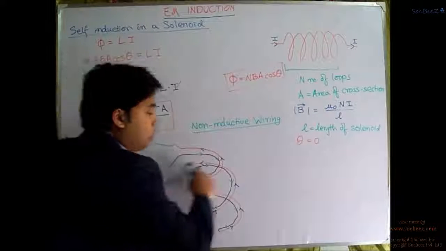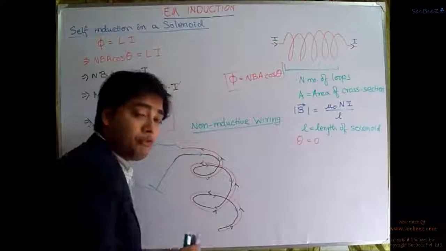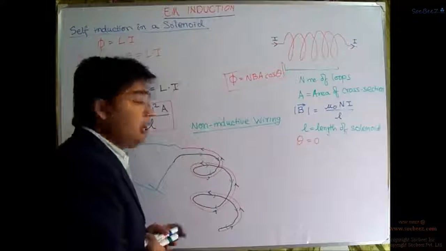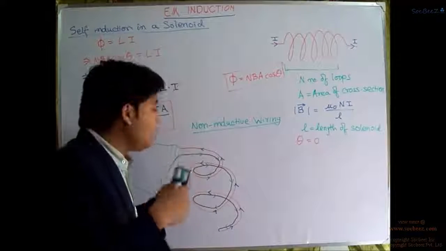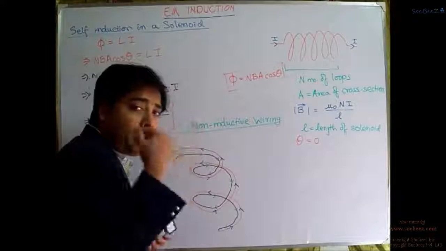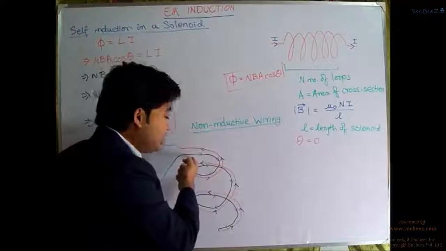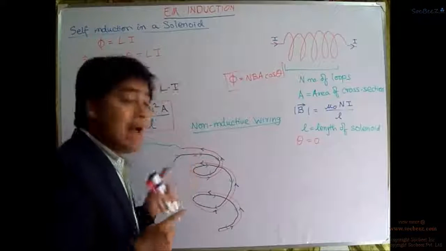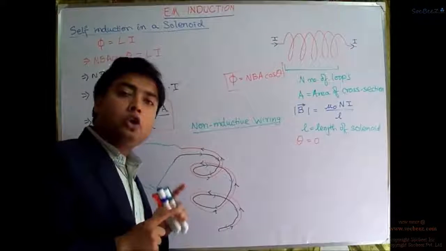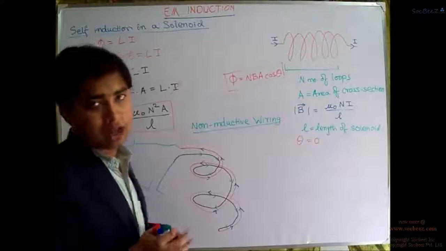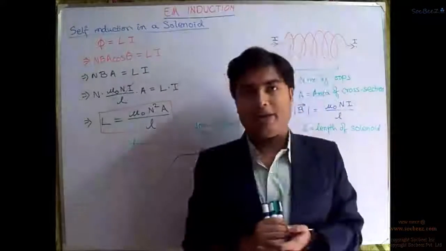If we could make the wiring such that the induced EMF of one coil would cancel out or negate the induced EMF of the other coil, then we could minimize the self-induction within a coil itself.